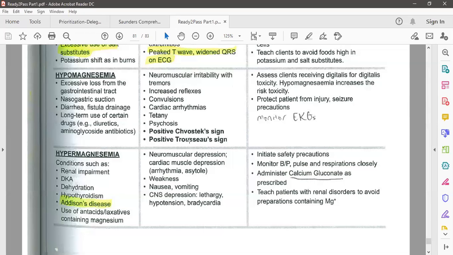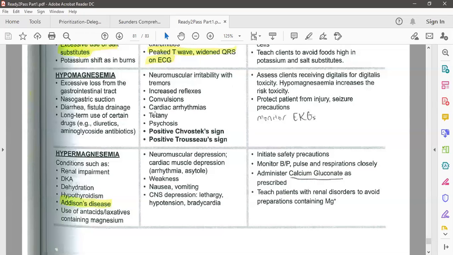Both can cause muscle spasm or tingling sensation, neuromuscular irritability, tremor. And magnesium imbalance can cause cardiac dysrhythmias. Hypokalemia or hyperkalemia, both cause cardiac dysrhythmia, like hypomagnesemia arrhythmias.